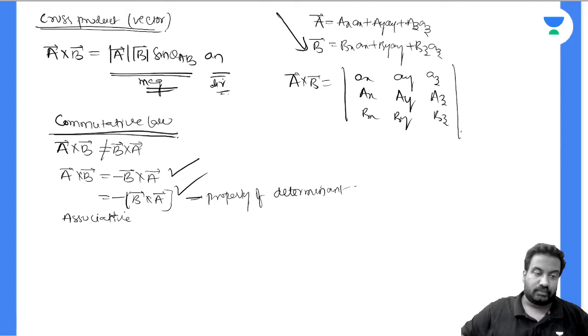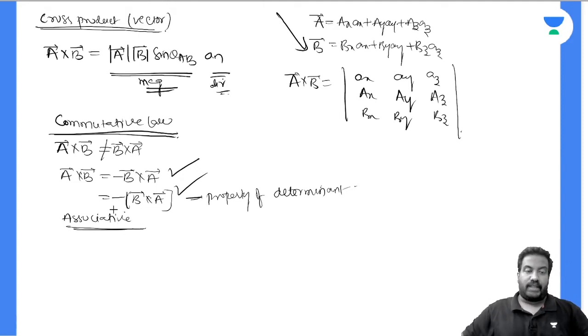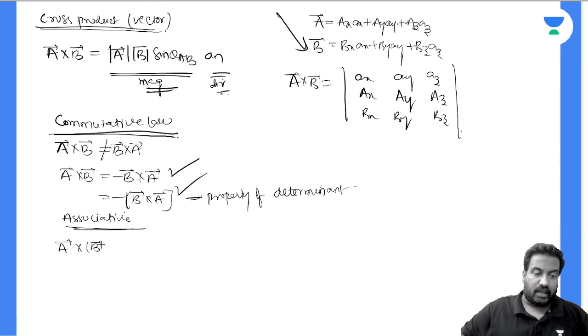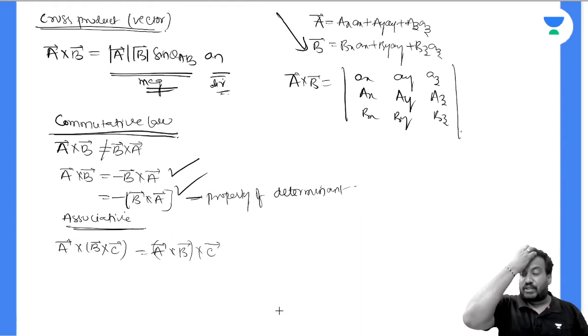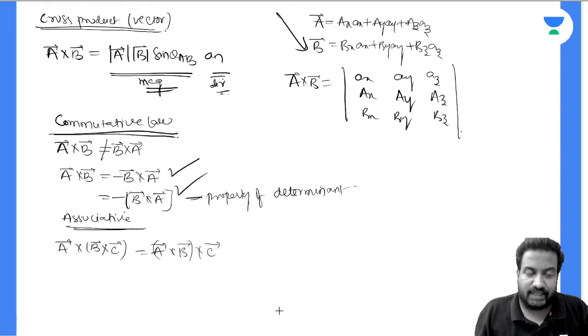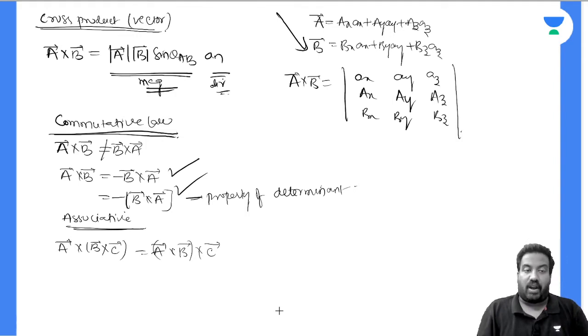Associative. Whether it is associative here, A cross of B cross C is equal to A cross B cross C? Is it associative? First tell me one thing, dear. Can we write this? Because in dot product we are not able to write.